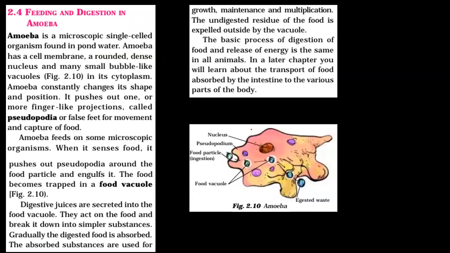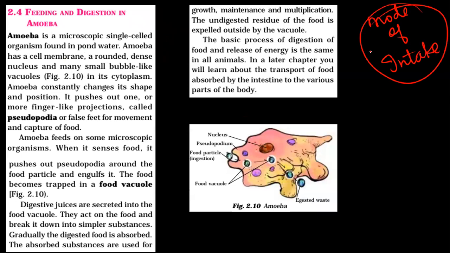So basically that depends on the mode of intake of food. It all depends on our mode of intake, our type of digestion, how we digest, how we assimilate. Everything depends on this mode of intake. There will be other factors, but this is a baseline. Now, amoeba is single celled, microscopic, and it is found usually in pond water.